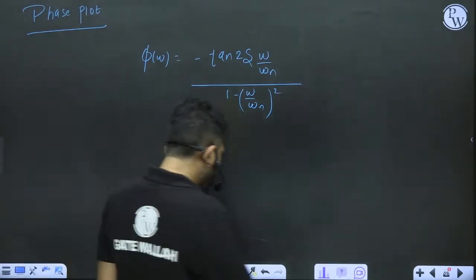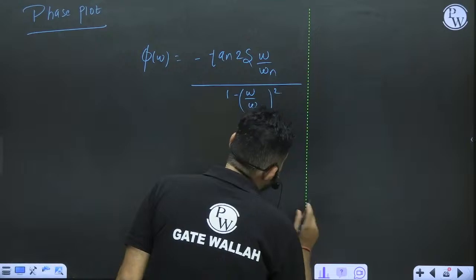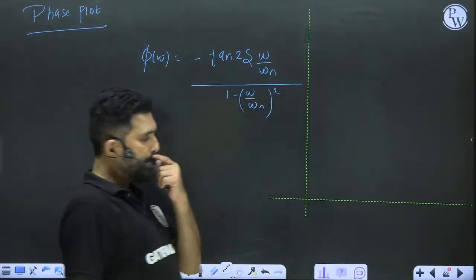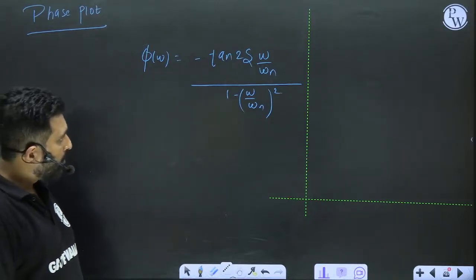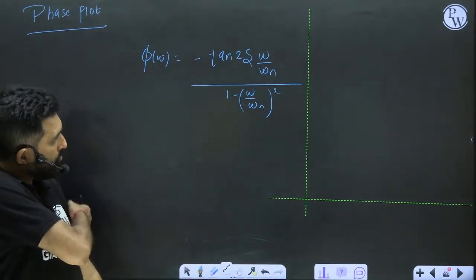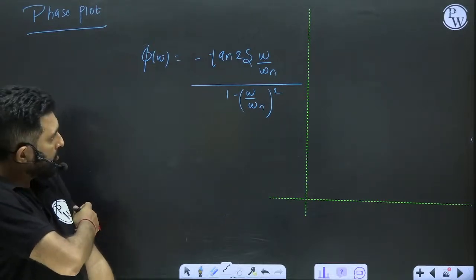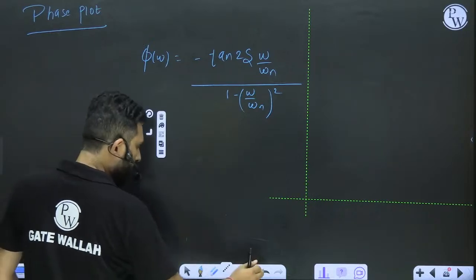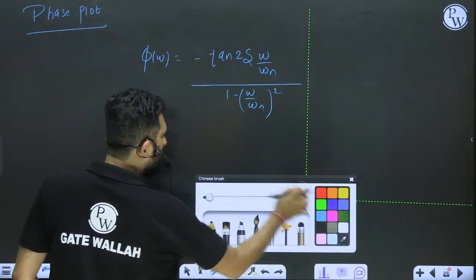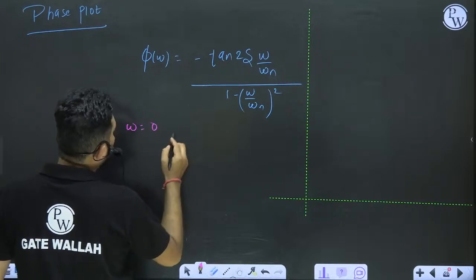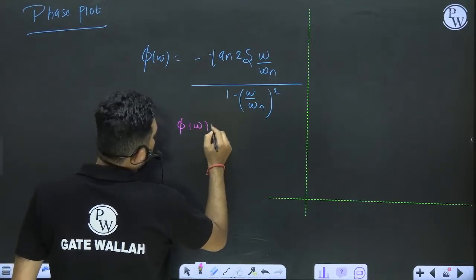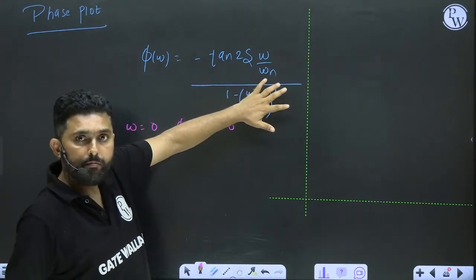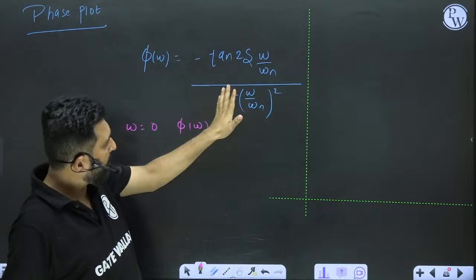And let us plot the phase here. What will happen when you put omega equal to 0? When you put omega equal to 0, phi of omega is equal to 0, because this term is 0, this term is 1, this term is 0.